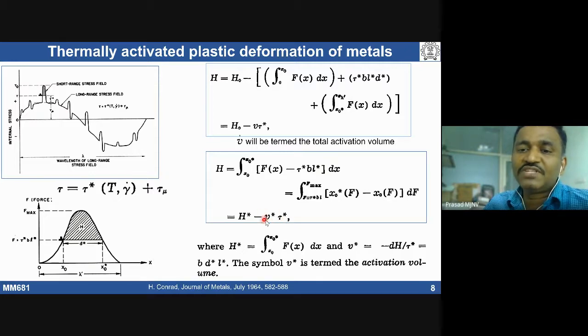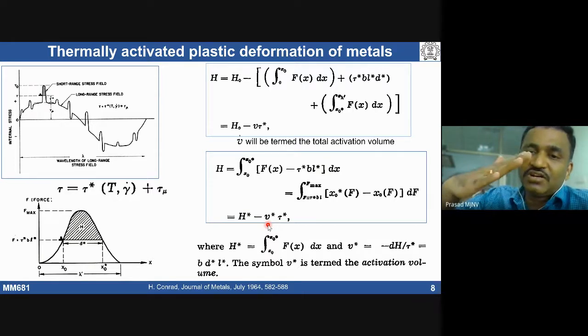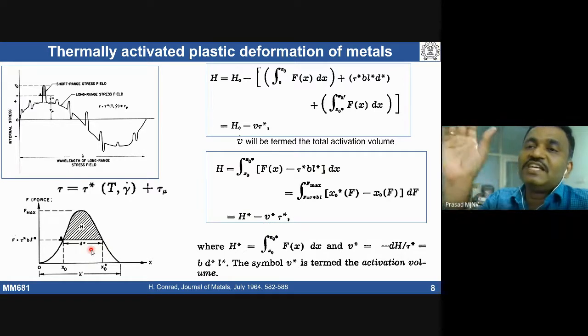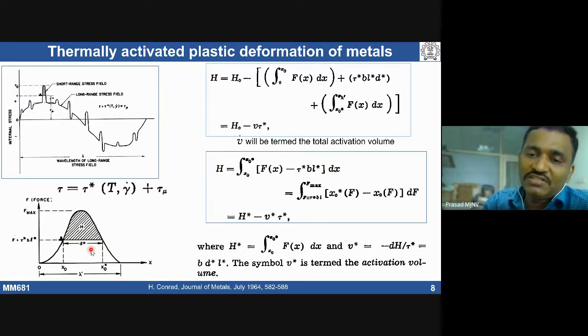This V star is the activation volume involved for a dislocation segment of L star to overcome a barrier of size d star. Is it clear? It's a simple mathematical integration and subtraction to get how much energy you have to supply to overcome this barrier.